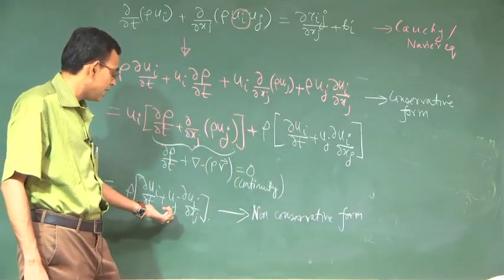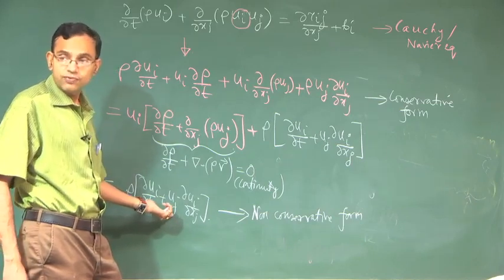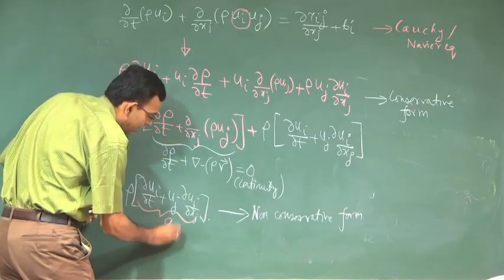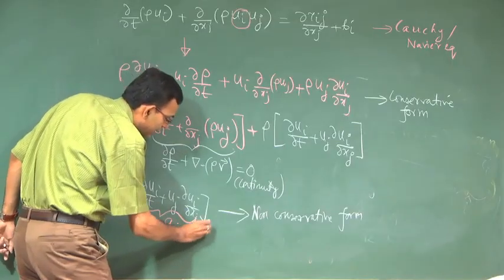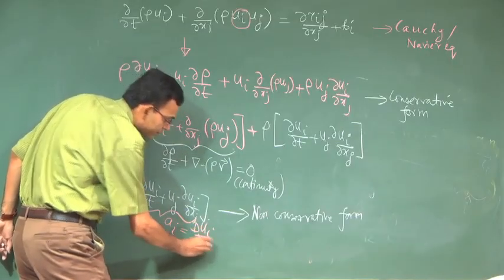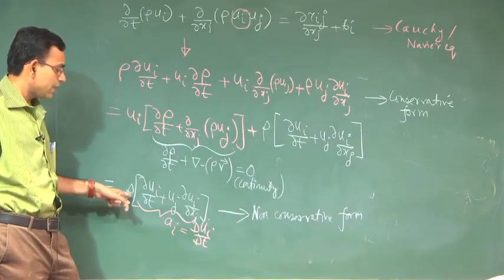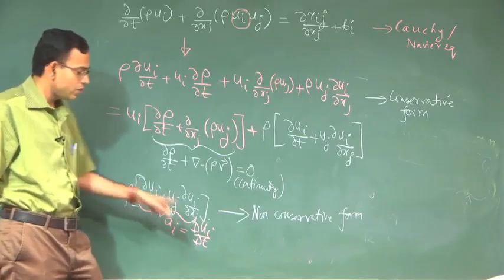So, what is here? This you can recognize is the acceleration of flow, right. So, this is acceleration along the ith direction. This is the total derivative, this is essentially dUi dt. So, this is rho. So, if you multiply by volume, then that will be mass. So, mass into acceleration.